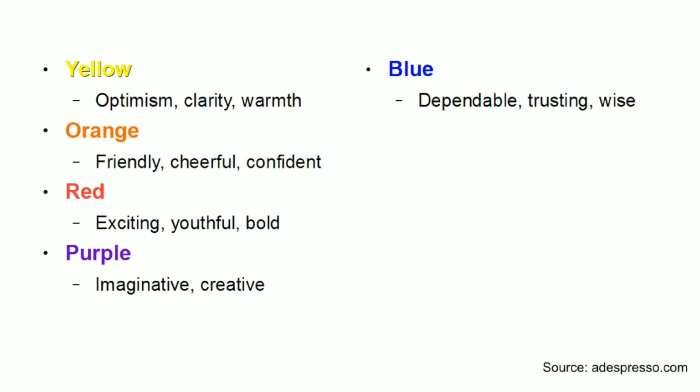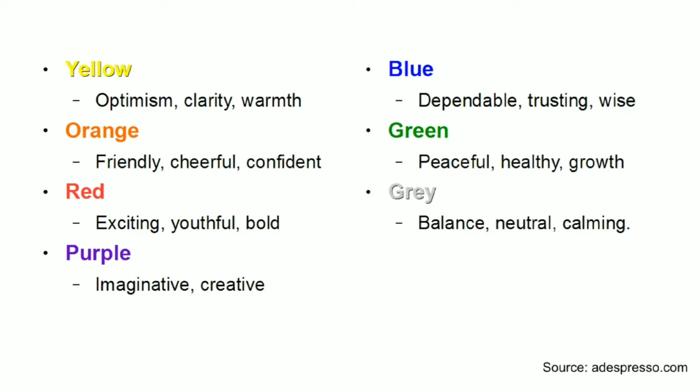With blue, people tend to associate it with things being dependable, trusting, and wise. Green tends to be associated with things that are peaceful, healthy, and associated with growth. And grey is balanced, neutral, and calming.